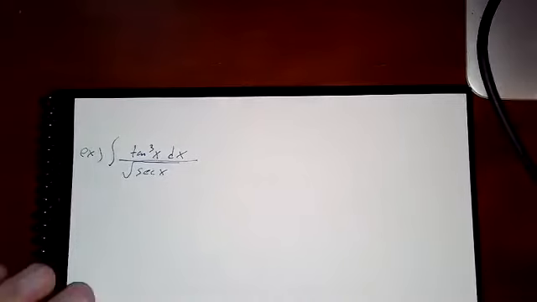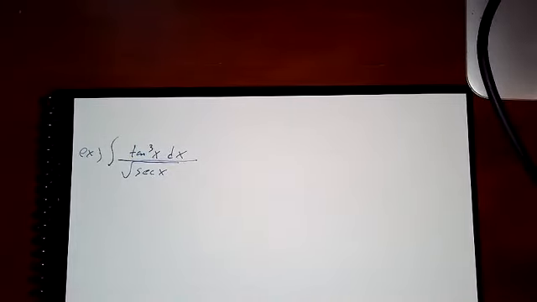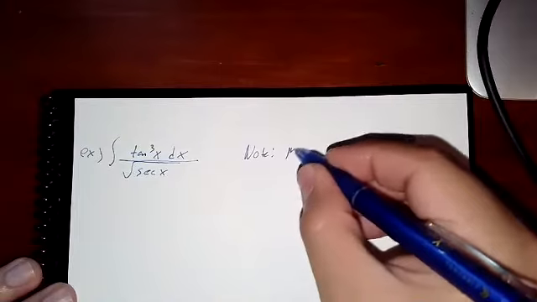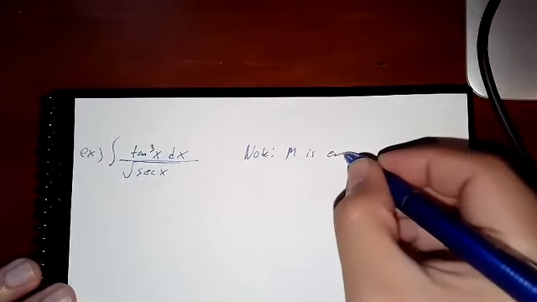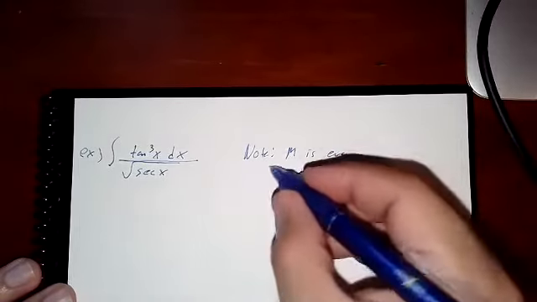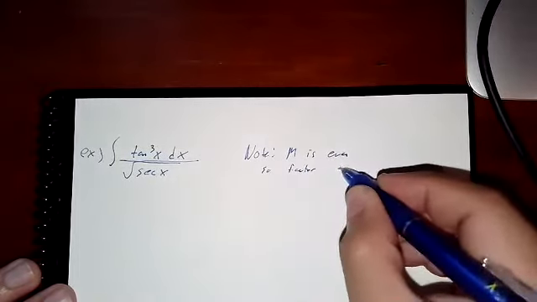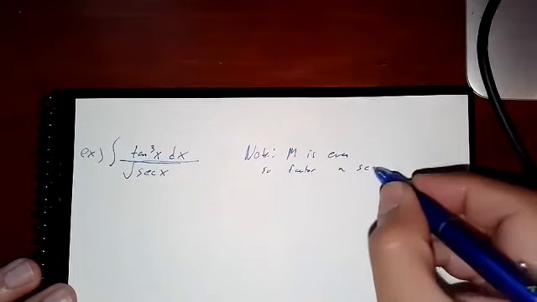Okay, so tangent cubed x over square root secant x. So it looks like m is even. So factor a secant tan.